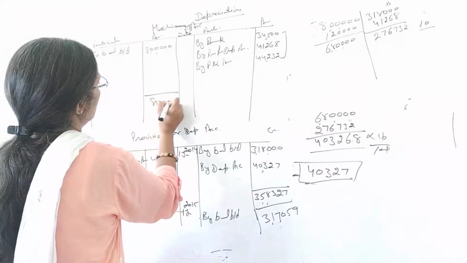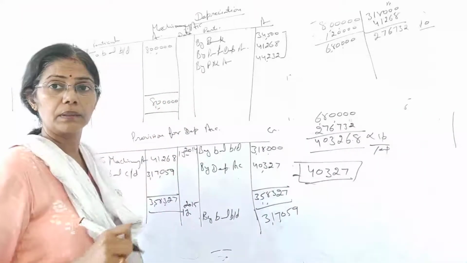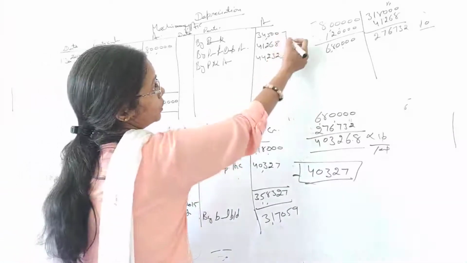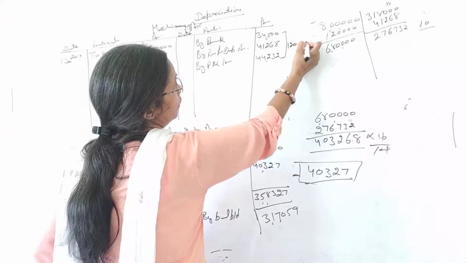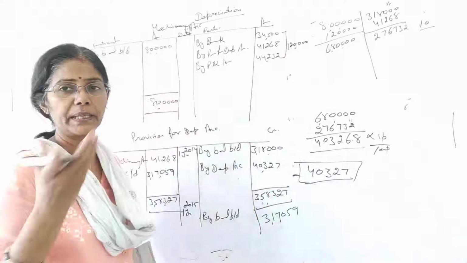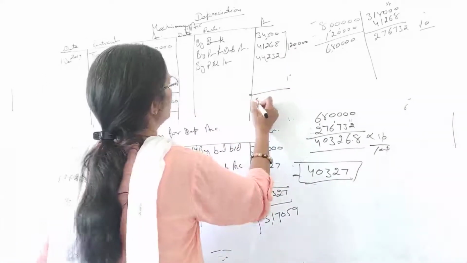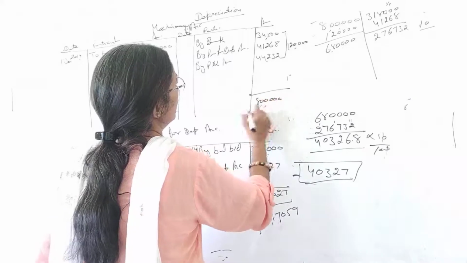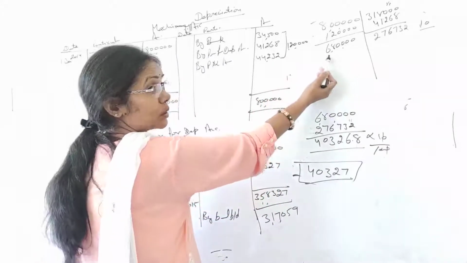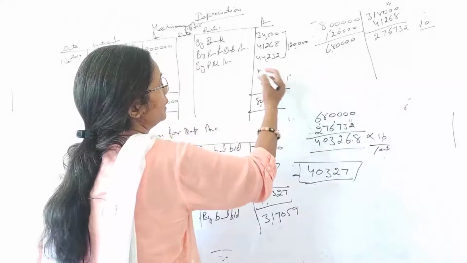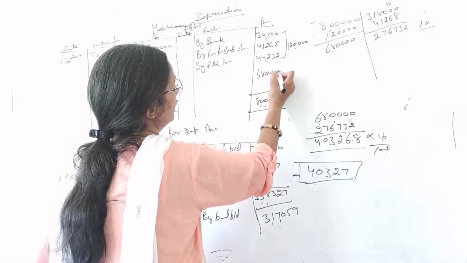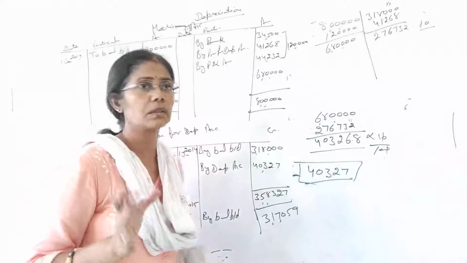This is 8 lakh, simple. Fine. And if I do the total of the reductions, it comes to 1,20,000. So what is the value remaining with us? That is 6,80,000. 8 lakh minus 1,20,000, 6,80,000 is the balance. Okay.